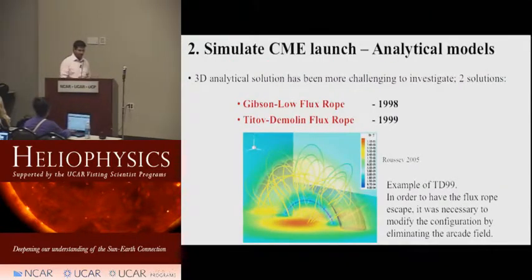So in terms of creating an analytical solution in 3D of a flux rope, there are two main models, two main attempts. One's called the Gibson-Low, and the other is the Titov-Demoulin.